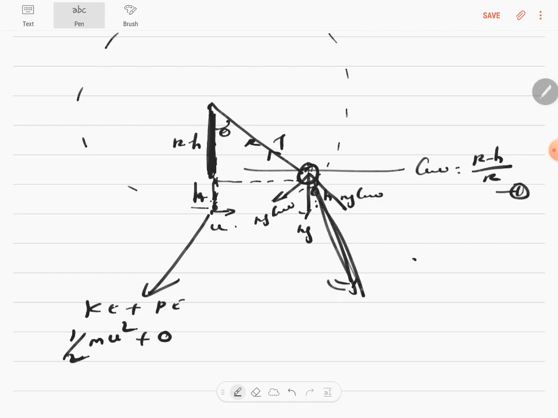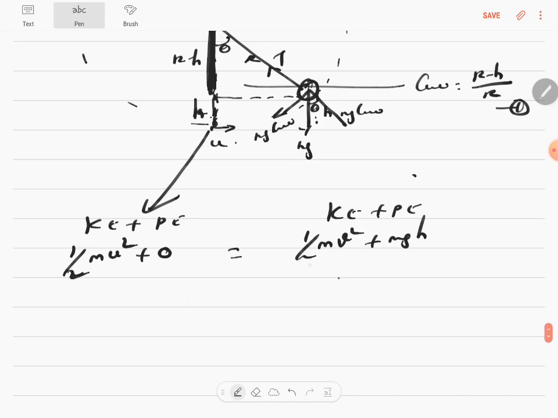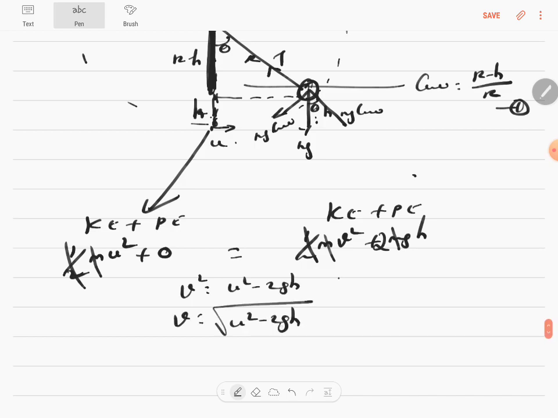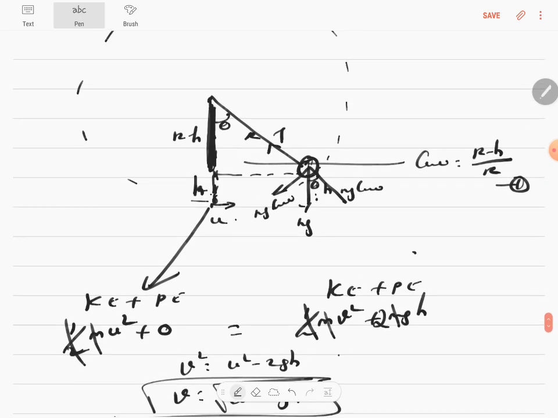At this instant of time, the total energy will be half mv square, considering the velocity at that instant is v, plus potential energy mgh. Equating both by conservation of energy, half throughout can get cancelled, m throughout can get cancelled, thus you get v square is equal to u square minus 2gh, or v is equal to root of u square minus 2gh, which is the velocity of the stone or the ball at any instant.